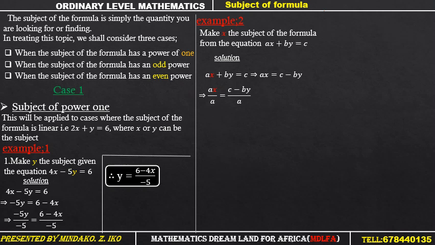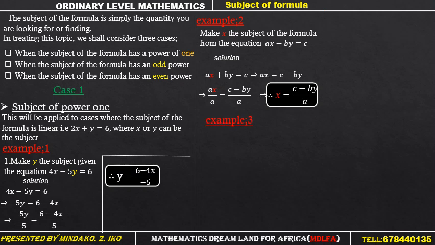That is the reason why here we divide all through by a, and a will cancel with a and x will be left alone. Therefore x is equal to c minus by divided by a. We have made x the subject of the formula.